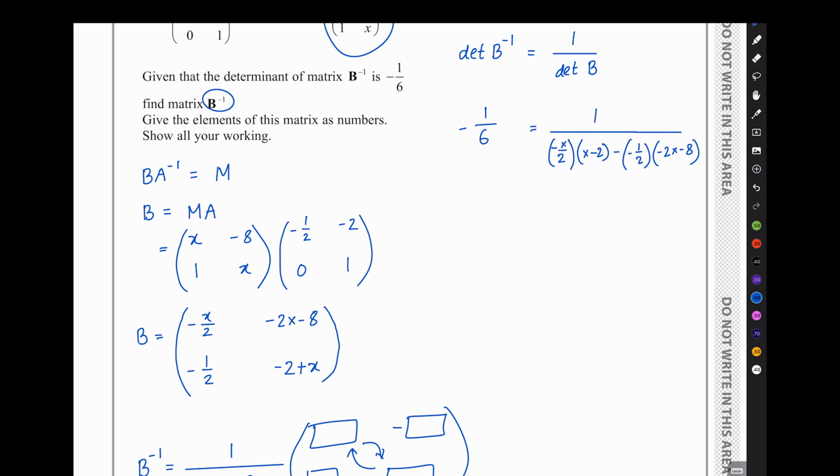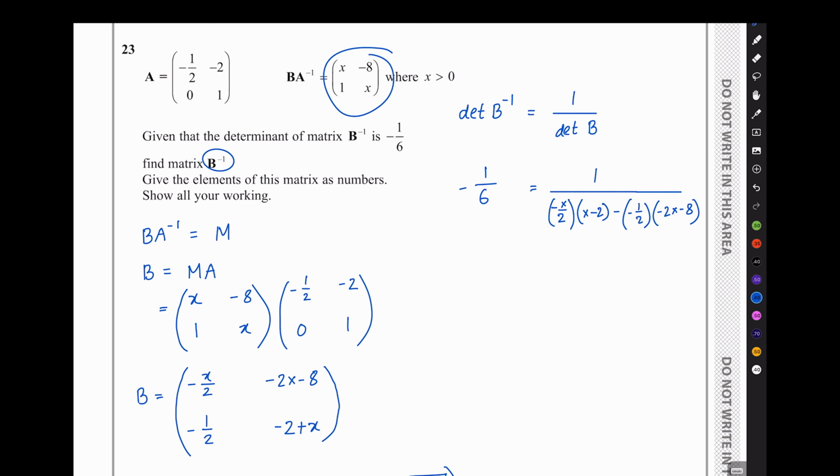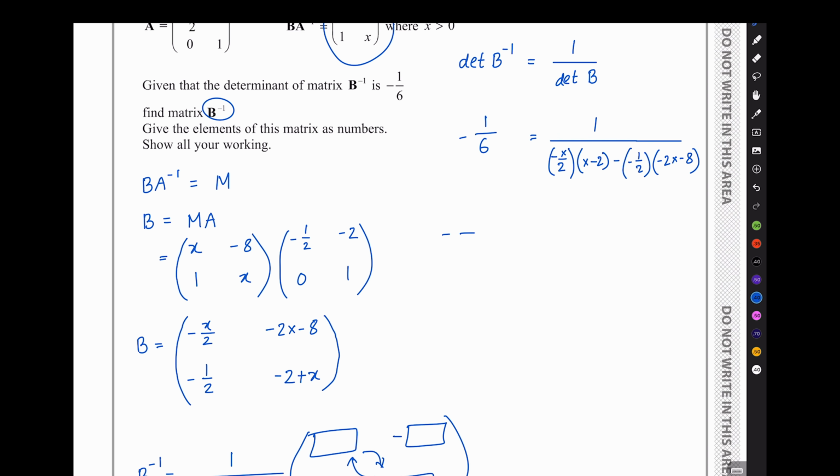So what can we do with this messy equation? We can find the value of x. How do I simplify this? Let me multiply everything by 6. Should I do it? Okay, let me keep it as it is and take the LCM.